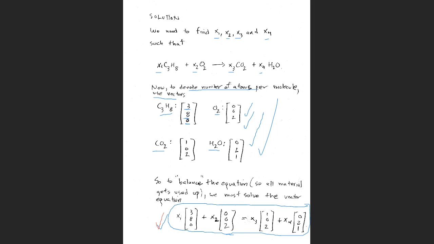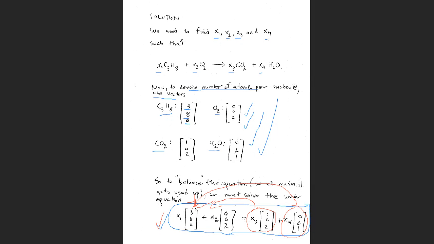Now, in order to get the system of equations, you're going to have to take this vector here and bring it over to the left side, and also take this vector here and bring that over to the left side. So we could rewrite this vector equation so that on the right side we have all zeros.